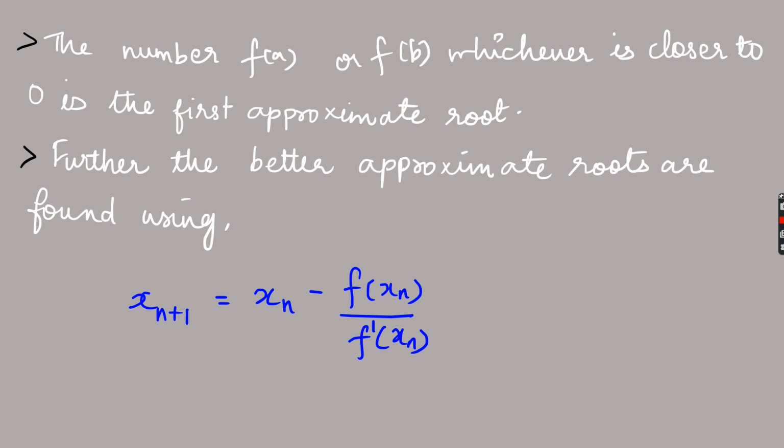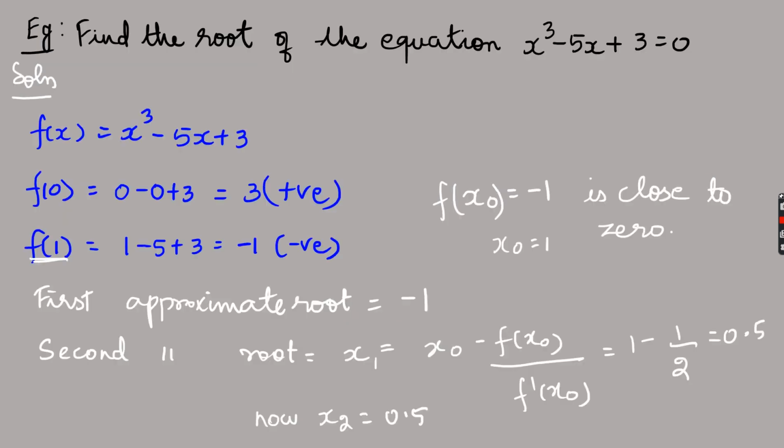That is not exactly the root, but it is approximate because it is closer to the root. And if the negative value is closer to 0, then that would be the first approximate root. Further approximate roots can be found using the given formula, xn plus 1 is equal to xn minus f of xn by f prime of xn. I'll show you this example so that you can get a clear view of the Newton-Raphson method.